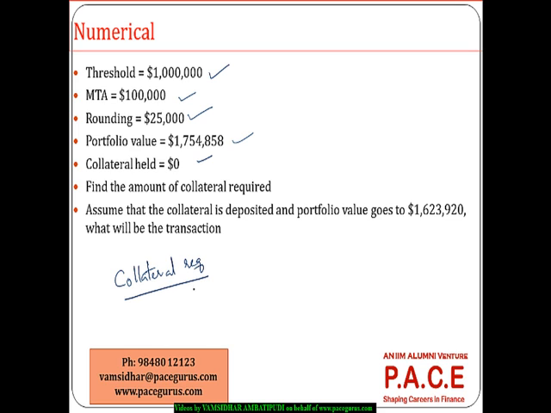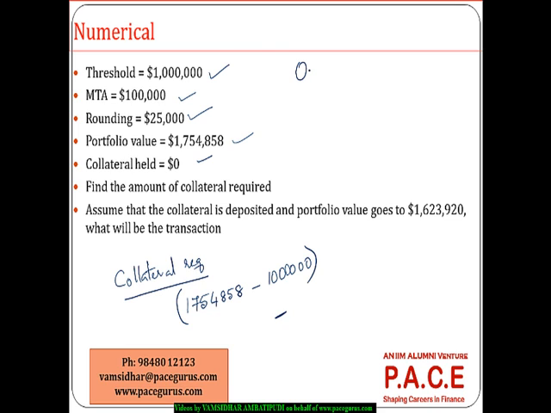The collateral required, right now I am talking about the portfolio value 1,750,858 minus the institution's threshold. I am setting the threshold at 1 million. So this much is the collateral, minus, assume that my counterparty does not have any kind of a threshold. It's a one-way CSA.